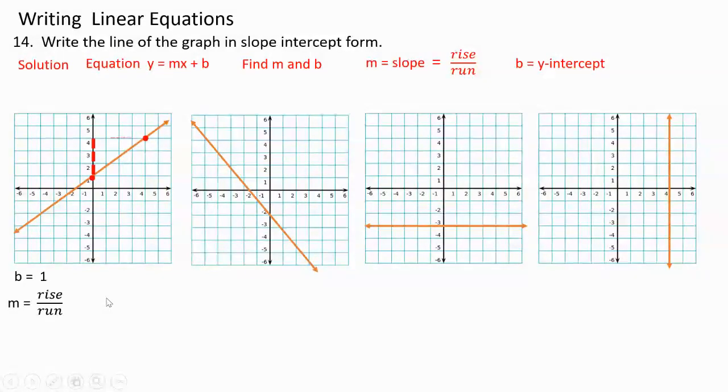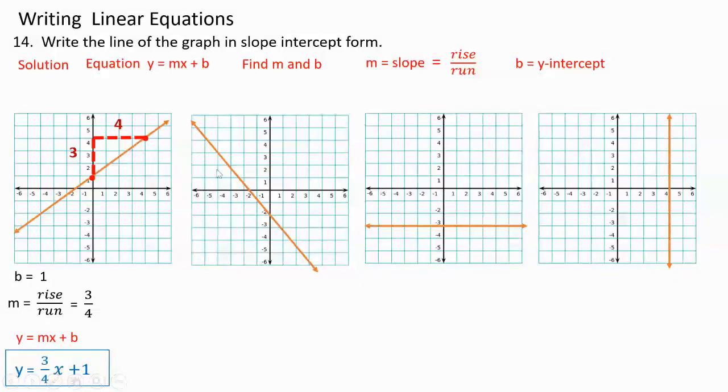How many do we go up? 1, 2, 3. How many do we go to the right? 1, 2, 3, 4. So my slope is 3 over 4. Now I have my b and my m, so I have my equation: my slope is 3/4, and my b is 1, which is the y-intercept. So this is the equation for the given graph.